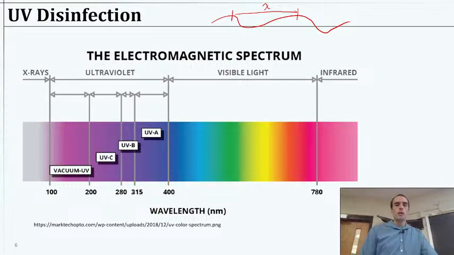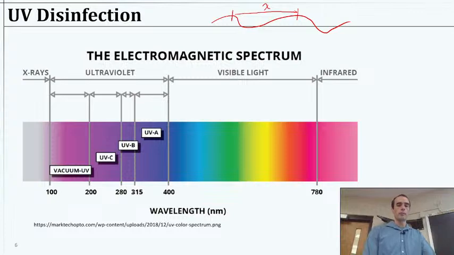So in that scenario, what we see with our eyes, visible light, is between 400 nanometers and about 800 nanometers in terms of the spectra that we can see.